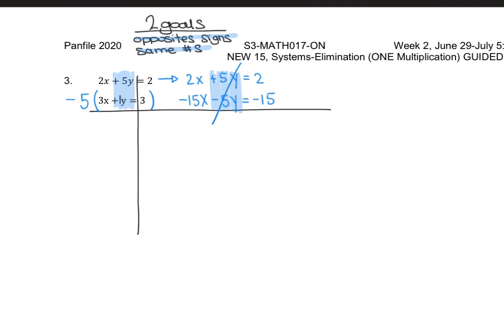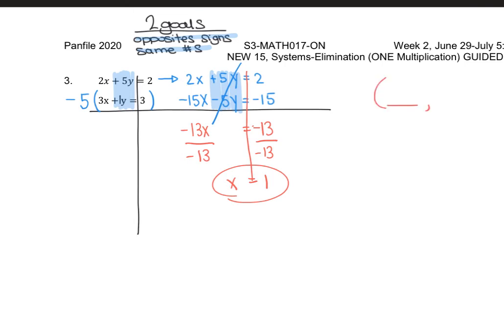And when I combine the rest, I get negative 13x equals negative 13. I divide both sides by negative 13 to get x alone, and I get x equals 1. Working towards that ordered pair, I get positive 1 for my x.